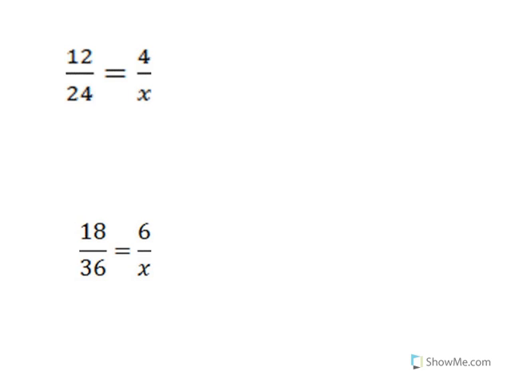Okay, so here are some proportion questions that you probably remember from earlier days, proportions. And when we solve proportions, we do a method called cross multiplication. So we'll say 12 times x is 12x, and 24 times 4 is 96.